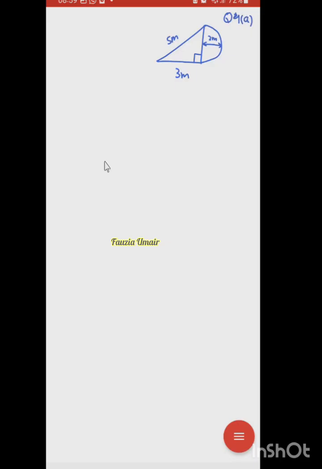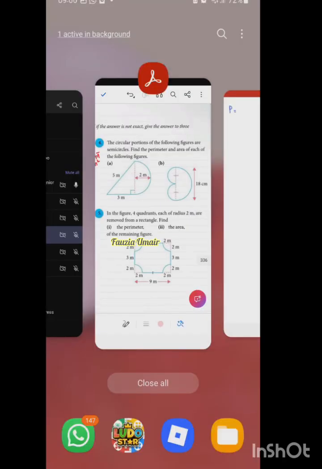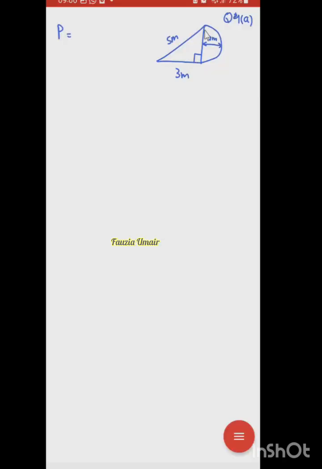Now we will find the perimeter first. The perimeter is the sum of all the outer sides. How many sides are there? This is one side. This is the second side, the base. And this curved line is the third side, right? If I name the vertices O, A, B, the perimeter is line OA plus line OB plus curve AB.